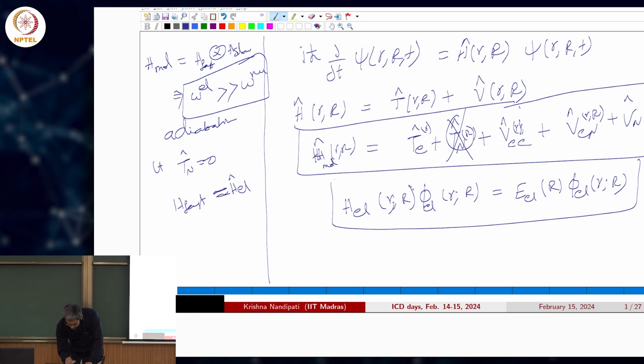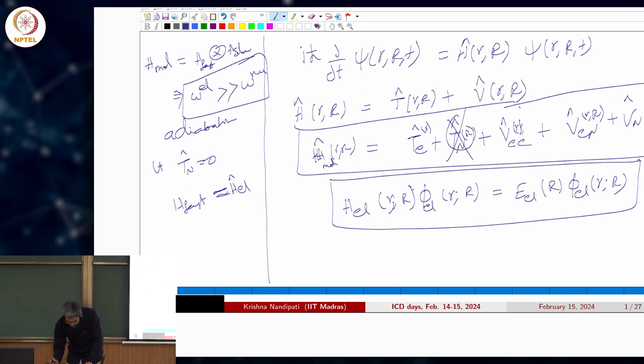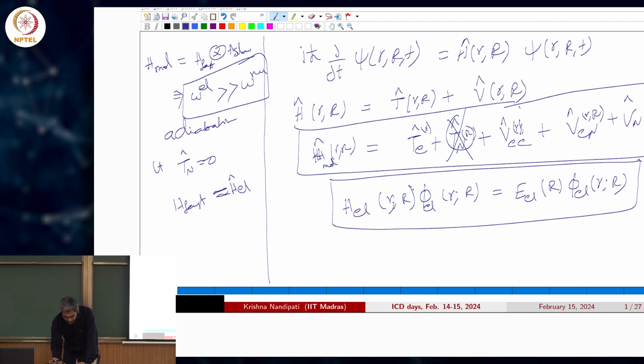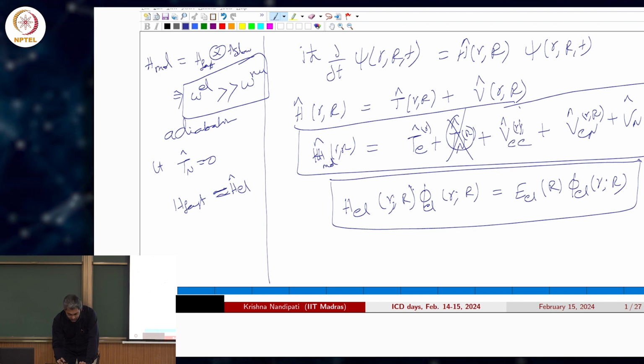If we could solve this, keeping the nuclear framework fixed, we get the fast-moving electronic wave function for the molecule.